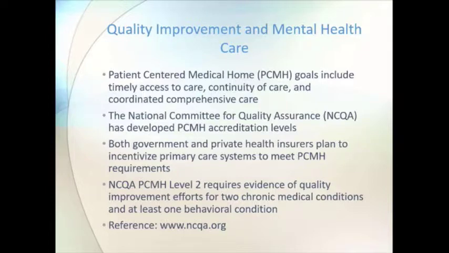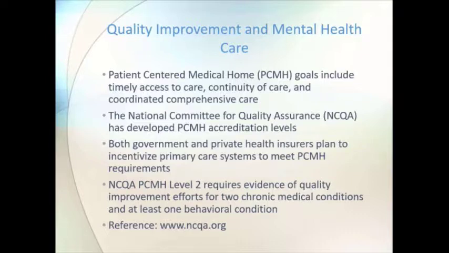NCQA, the National Committee for Quality Assurance, which is one of the PCMH accreditors, has developed levels in terms of accreditation for organizations. Both government and private health insurers plan to incentivize primary care systems to meet those requirements.